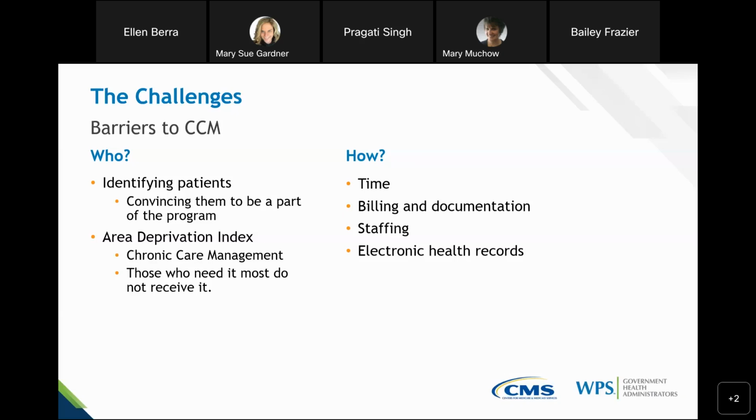You need to have the staffing in place, your clinical staff in place, in order to provide this. And then some of your electronic health records may not be as conducive to recording all of this information as others. The providers that we've talked to, though, who are providing these services, indicate to us once they get over that initial hump, and that's how they described it, in getting all of their workflows and their systems and everything together, it's really smooth sailing from there.